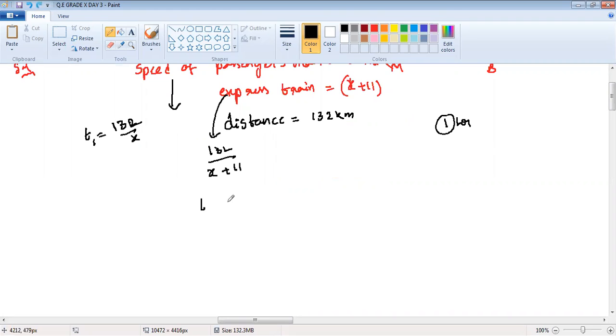Tell me which fraction I have to take first. Sir, T1. 132 by x is big, right? Yes, sir. If you take 132 by x first, the second fraction will be small. So 132 by x minus 132 by x plus 11, which is equal to 1 hour. Am I right?